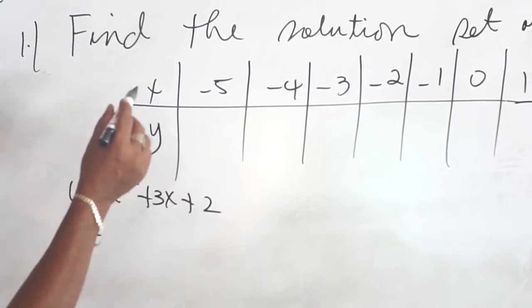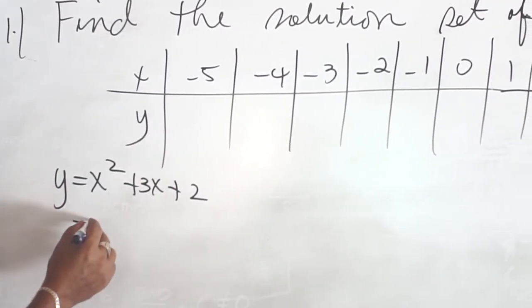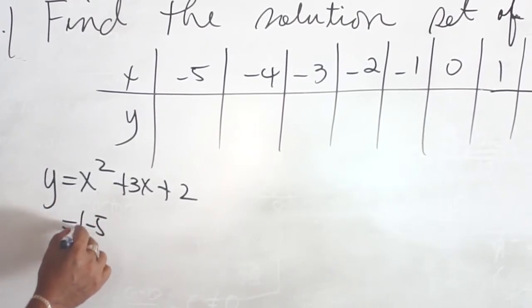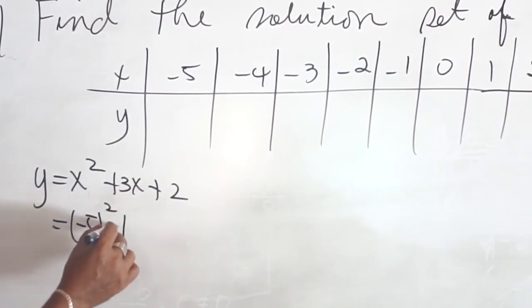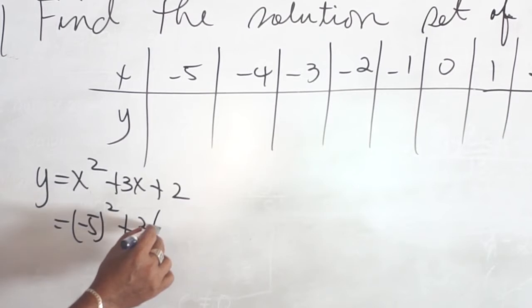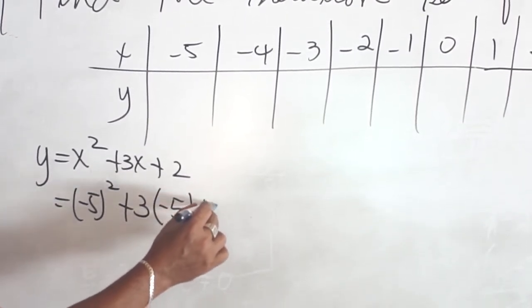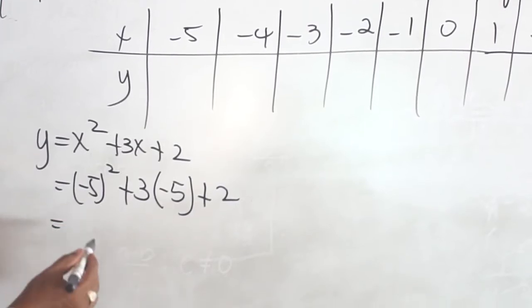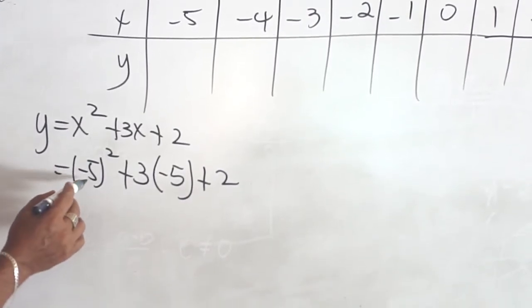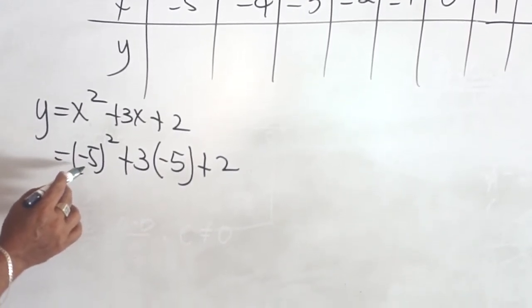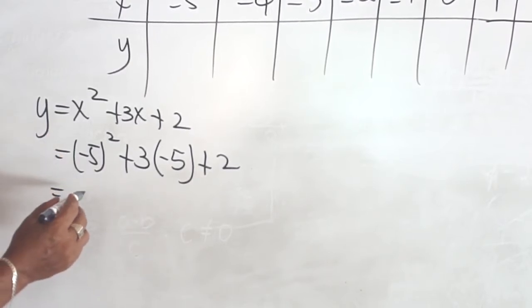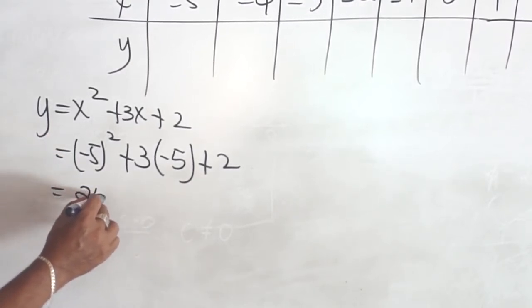Then we have the value of x is negative 5, squared, plus 3 multiplied by negative 5, plus 2. Okay, so simplify. The square of negative 5 is 25.